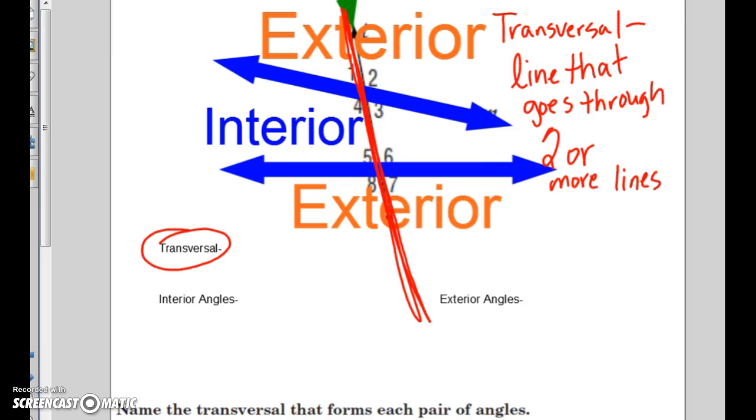You write that all right here in this bottom corner. On all the examples I do today, I'm going to be writing the transversal in red, because what we're doing today is I'm trying to help you visualize and break apart the pieces that we need to know.